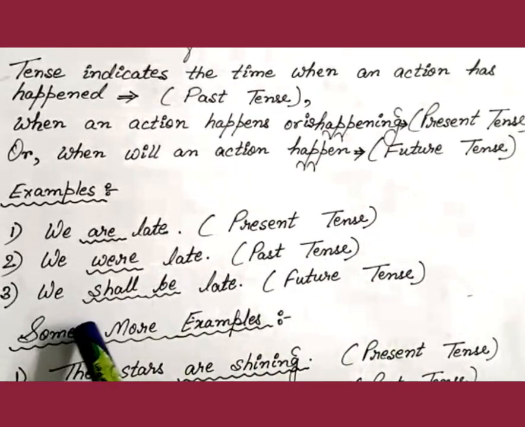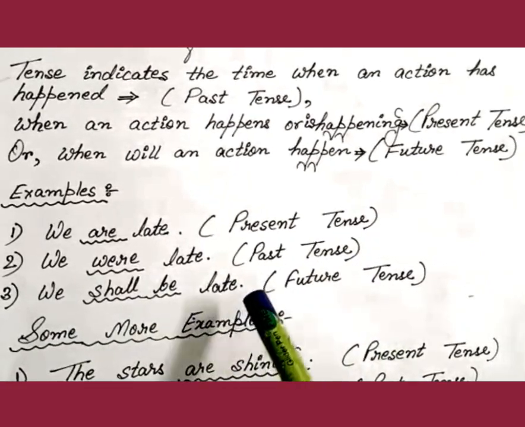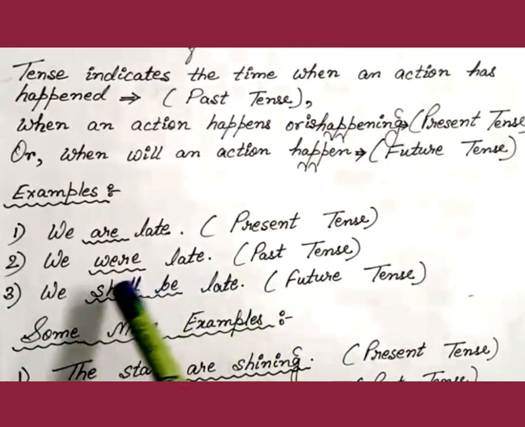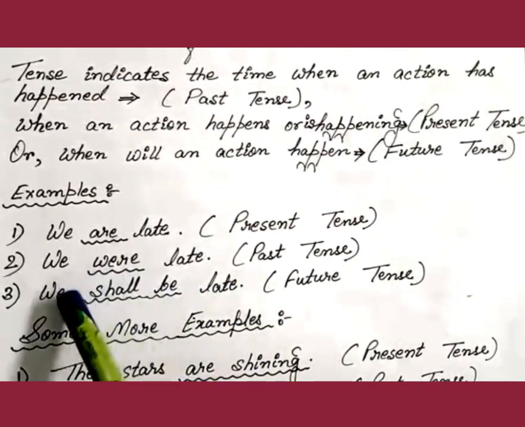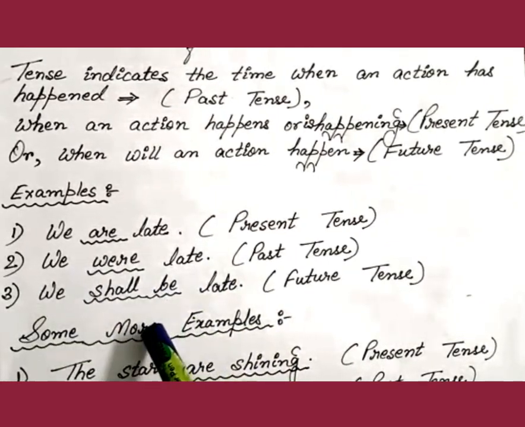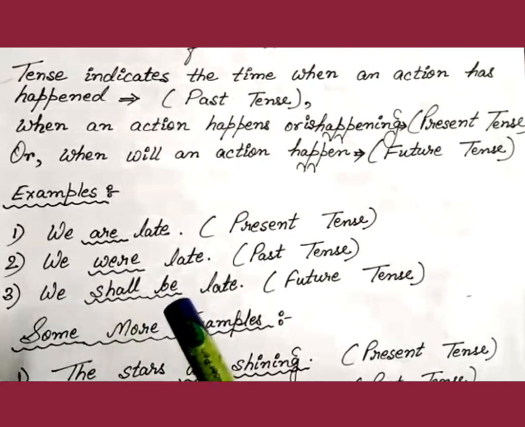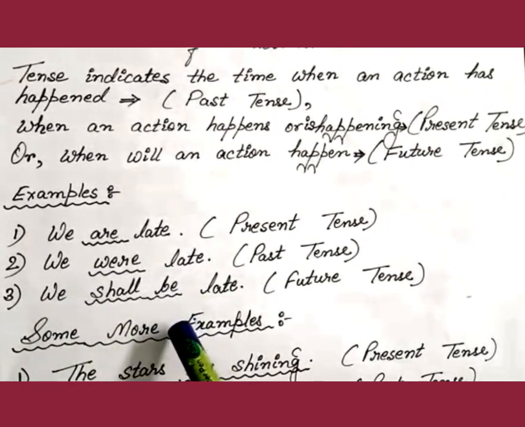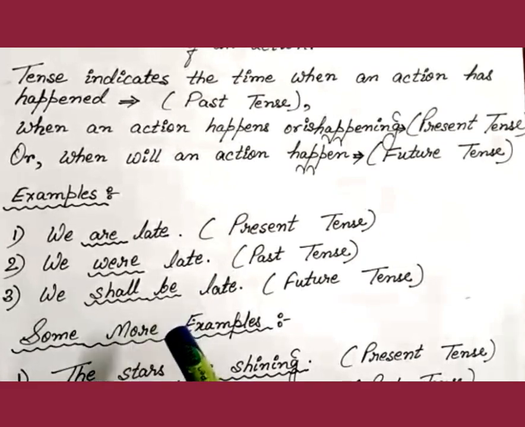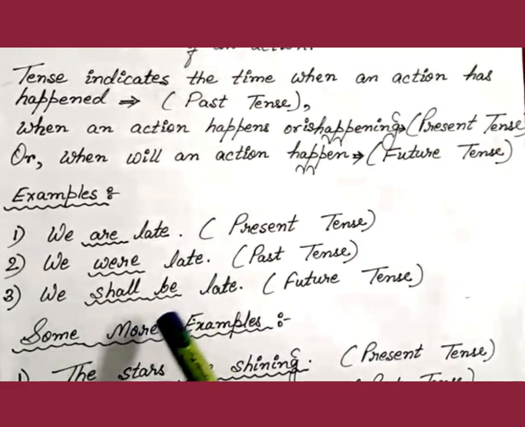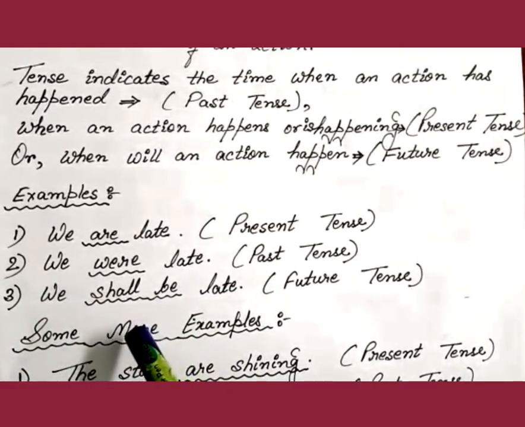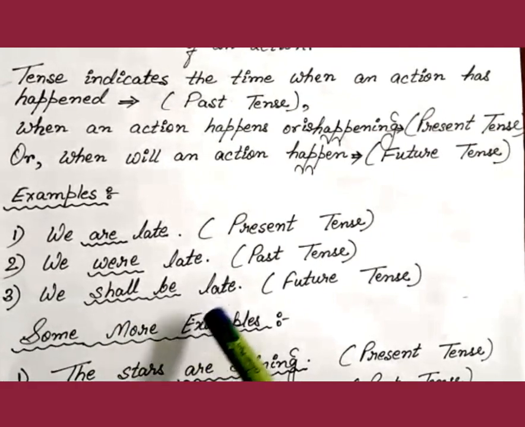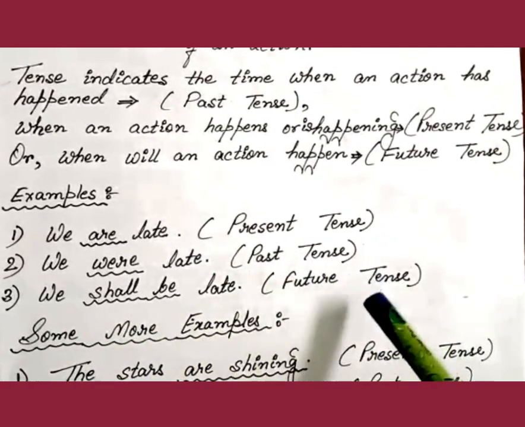The third example, we shall be late, is a sentence. Herein, if you see, the form of verb, shall be, tells you that this action is not taking place right now. This action has not taken place before. Rather, this is an action that will be taking place in some time, maybe in the future.